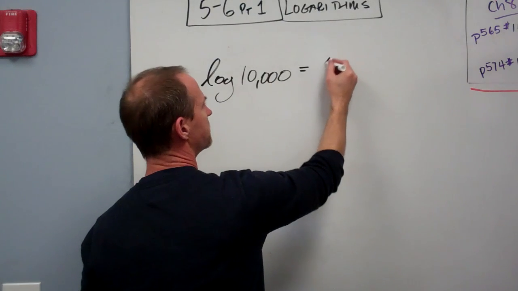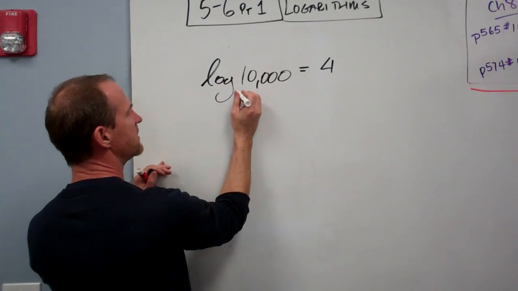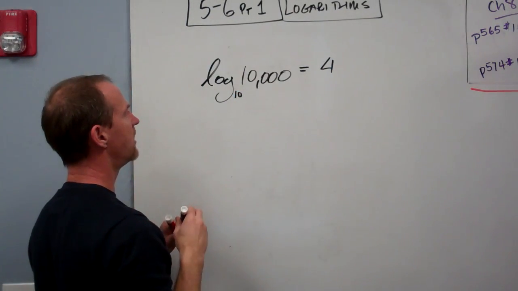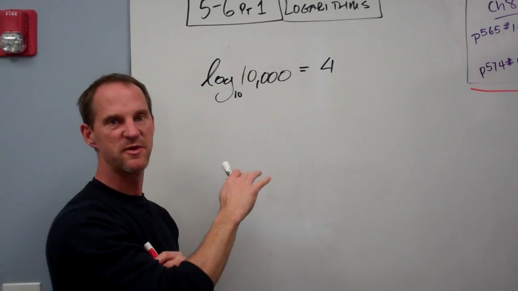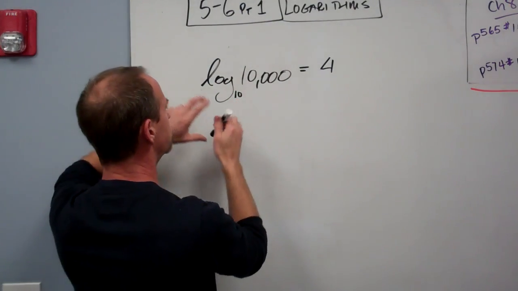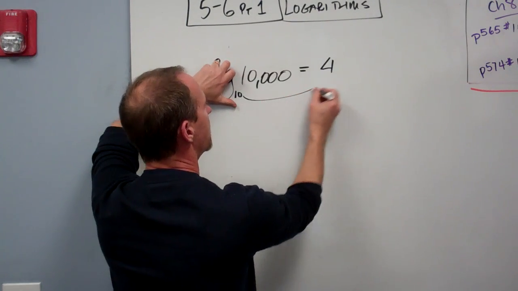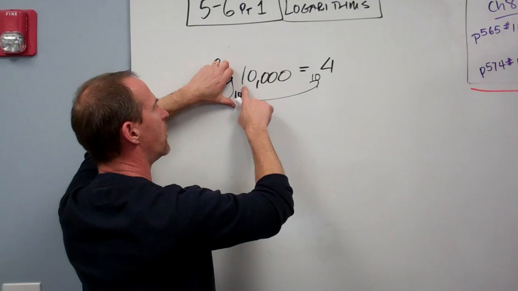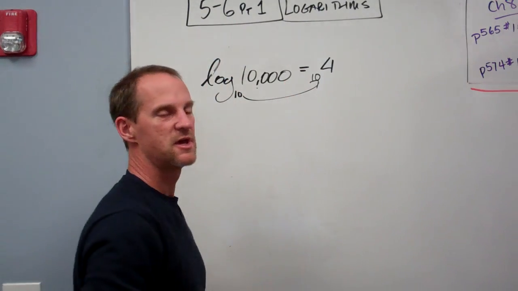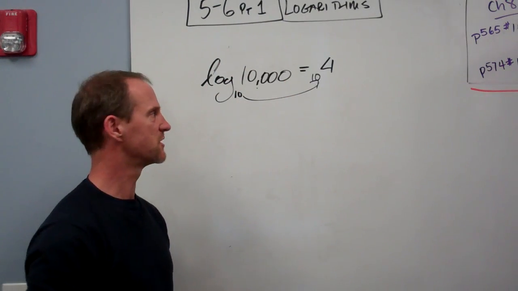And the reason we get 4 here is that if we realize that that's an unwritten 10 there, a log with no number is understood to be base 10. So there I'm writing it there, and using my arrow method, I just bring that over, and 10 to the 4th power is going to be a 1 with 4 zeros. So it's no more difficult than just counting zeros in a problem.